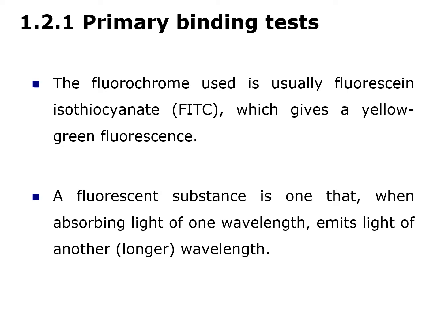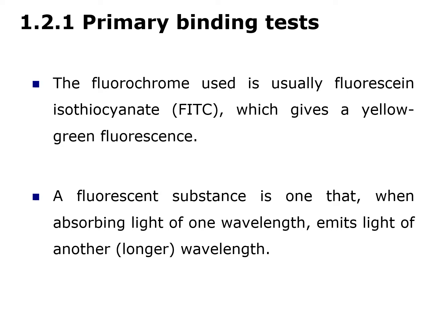Okay, a fluorescent substance is one that absorbs light of low wavelength and emits it back at a higher wavelength. So that means usually the wavelength that we use is UV, ultraviolet. And what do we know about UV is that it is invisible. We cannot see UV.